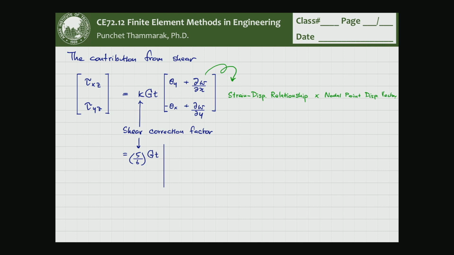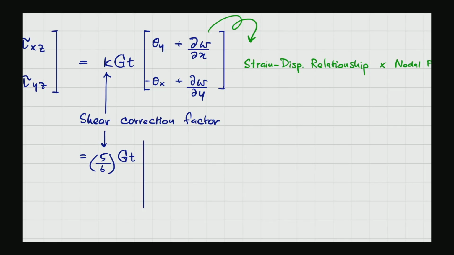So we'll see. You have theta y and you have w. The w will contribute the partial derivative of phi1 with x. Another one, partial derivative of phi1 with y. Next, theta x has nothing to do with this line.